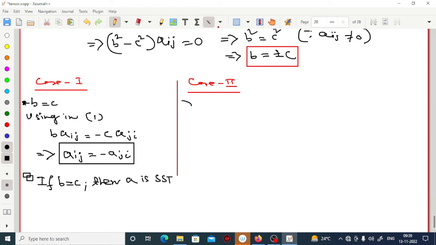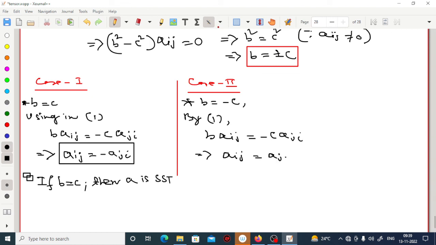And if I take here b equals to minus c, then by equation 1, I get what? Let me write equation 1 first: b of a_ij equals to c of a_ji. Here if I put b equals to minus c, the negative sign over here will vanish and I get a_ij is equal to a_ji.